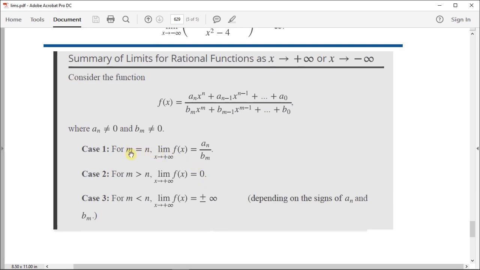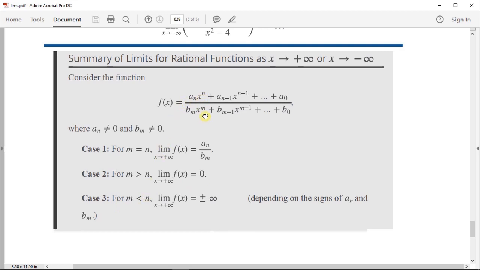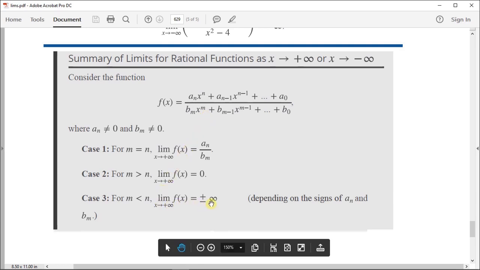So again, case 1, if the exponents are equal, you get the ratio of the leading coefficients. Case 2, if the exponent's bigger on bottom, then you automatically get 0. And case 3 is going to be the only thing that's left over. That's going to be where basically the top is bigger than the bottom as far as the exponents go. And you can see what they're saying here. It's going to end up being plus or minus infinity.